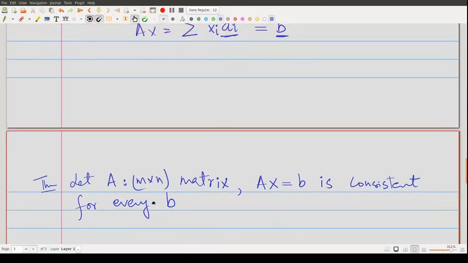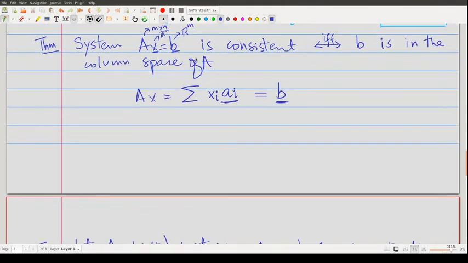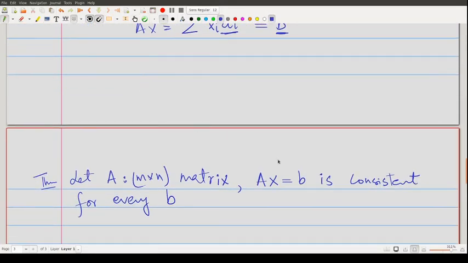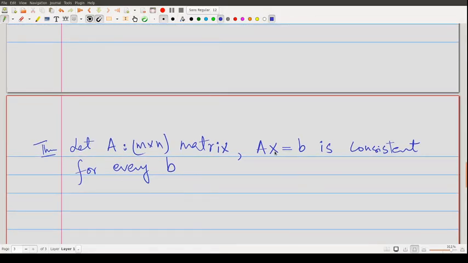Now, in the previous theorem, we were just looking at when will it be consistent for this specific b, and the answer is when b is in the column space. Now, if you want it to be consistent for every b, then the idea is that every b must be in the column space. And if every b is in the column space, then the implication is easy.